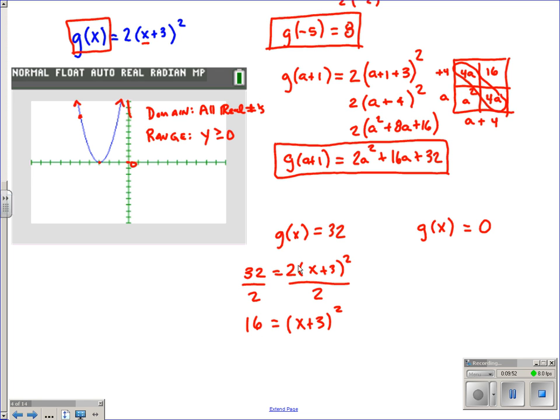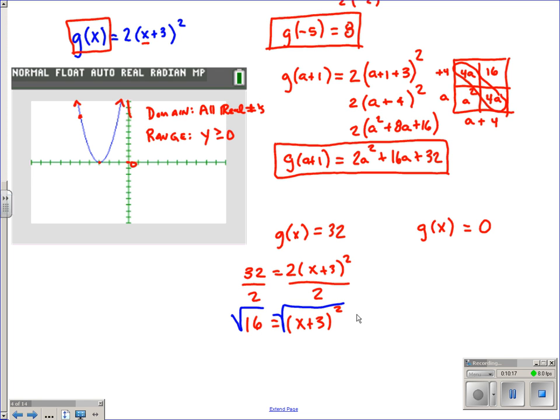I'm working backwards through my order of operations here so I can get x alone. To undo squaring something, we're going to have to take the square root of each side. Remember, those are inverse operations, squaring something and taking the square root.